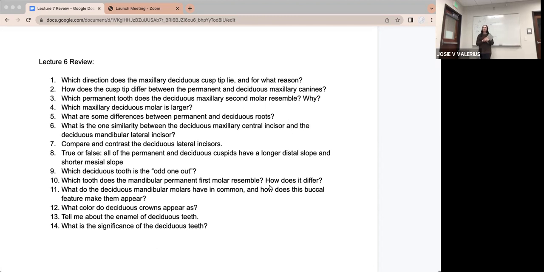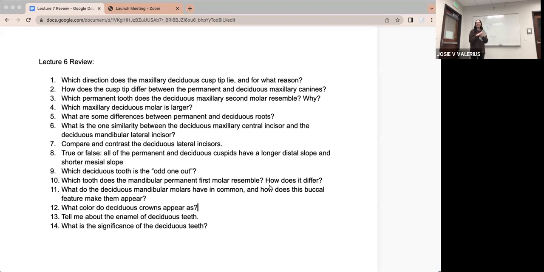Like their occlusal table or their cusps?